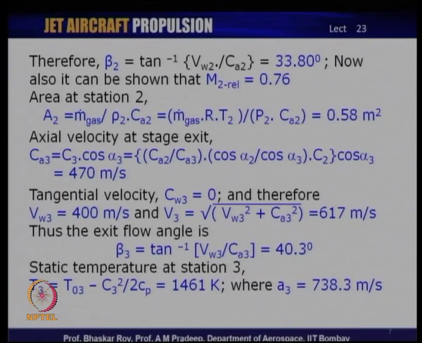Now, it can also be shown that the M2 relative at the entry to the rotor, that is the relative Mach number at the entry to the rotor, would be 0.76, which is subsonic. Now, we just saw that the exit from the stator M2 is actually supersonic, that was prescribed as 1.15, and we see by conversion through the velocity triangle, the M2 relative is now subsonic.